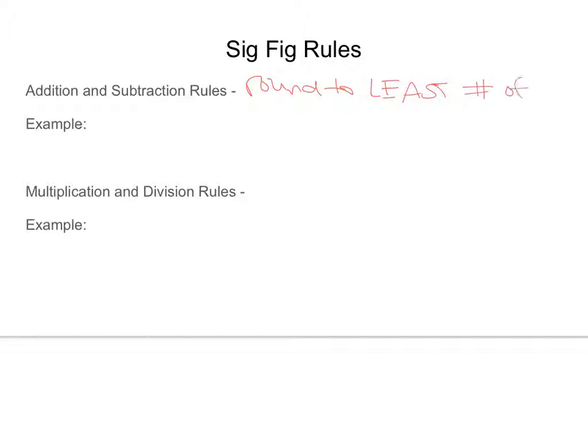Meaning, if you add 25 plus 3.758, the least number of places is right here.